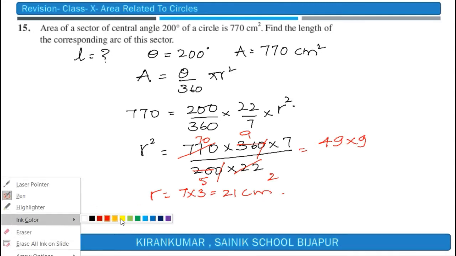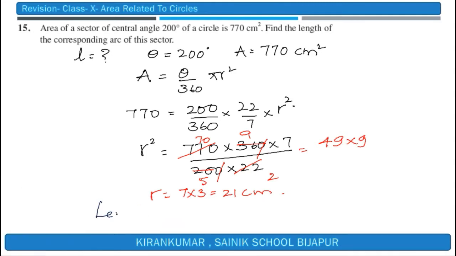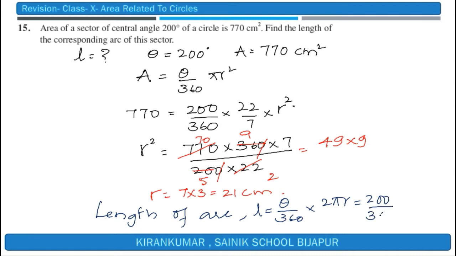Therefore, the length of the arc is given by theta by 360 into 2 pi r. Since we have found the radius, we can use 200 by 360 into 2 times 22 by 7 into the radius, which is 21. 7 3 times is 21.